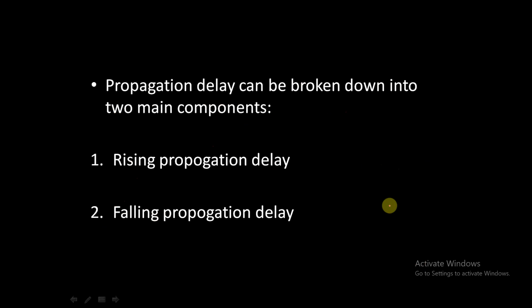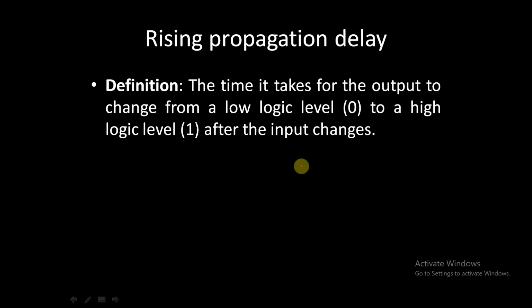Now, the propagation delay can be broken down into two main components: one is rising propagation delay, and the second is falling propagation delay. Coming to rising propagation delay, it is the time it takes for the output to change from a low logic level to a high logic level after the input changes.